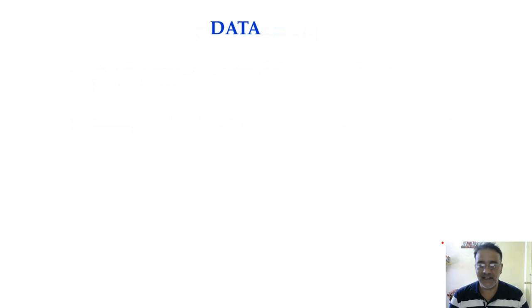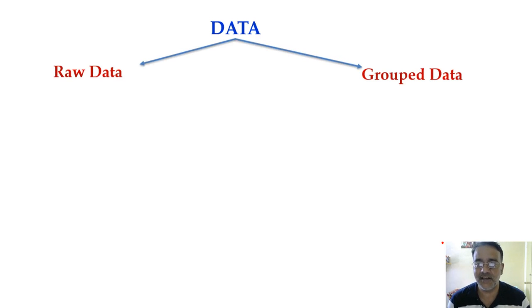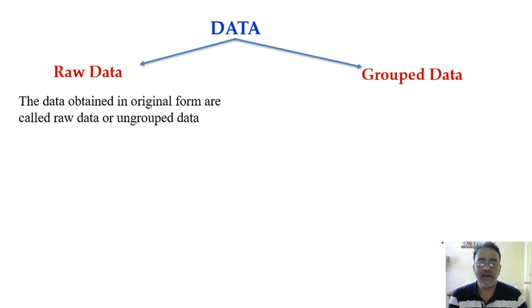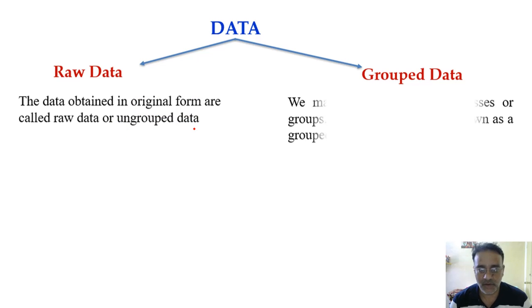So next, again, data. There are two types. Data can also be classified into two categories: raw data and grouped data. The data we collect as it is, suppose we are collecting marks, so we are writing the numbers, the marks, in that same form, is called raw data. The data obtained in original form, and this is ungrouped form, that data is called raw data.